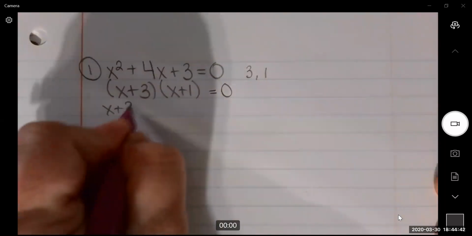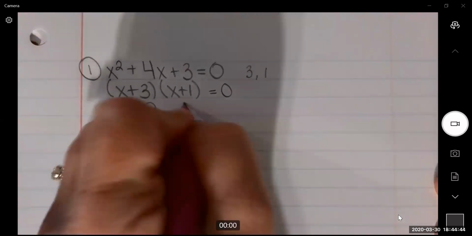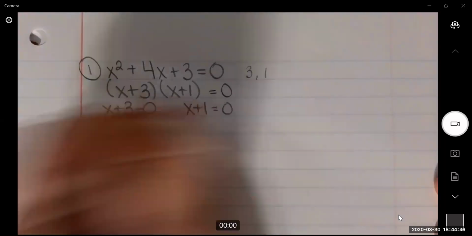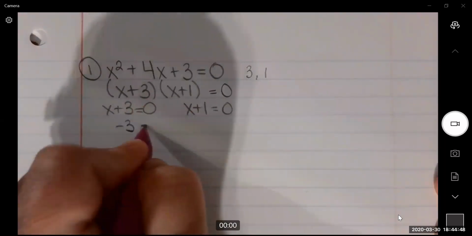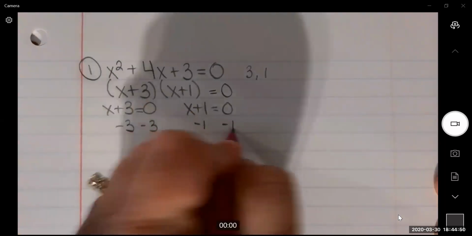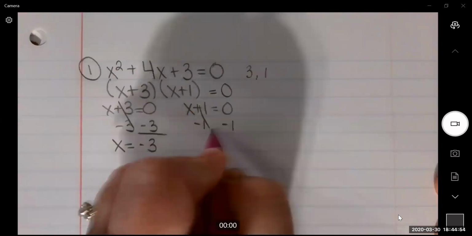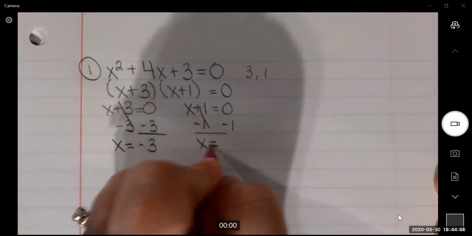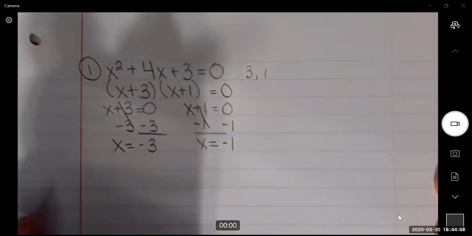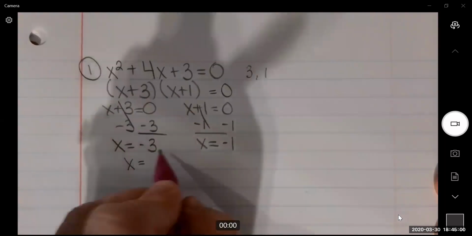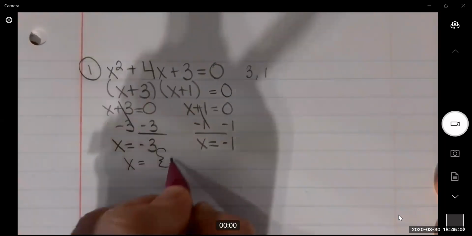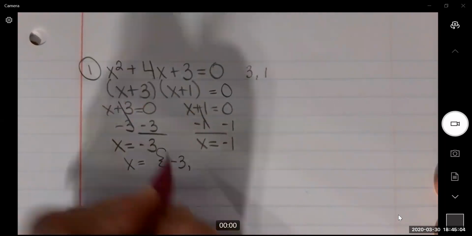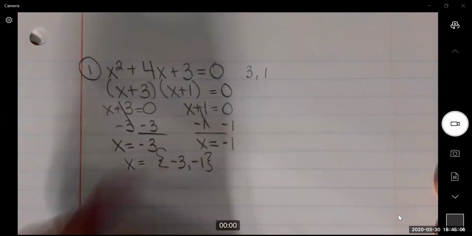So we have x plus 3 equals 0, x plus 1 equals 0, so x equals negative 3, x equals negative 1. So the solution or the roots are negative 3 and negative 1.